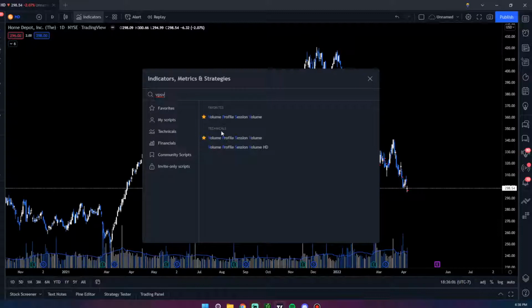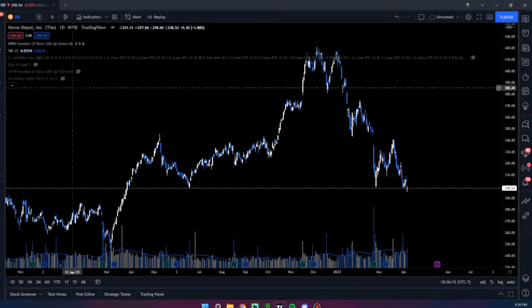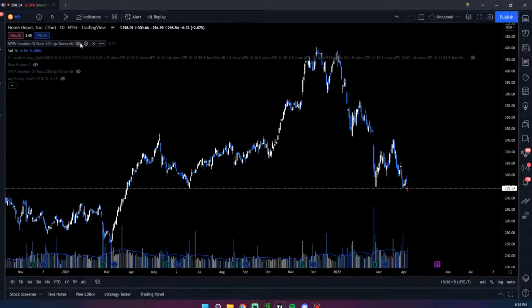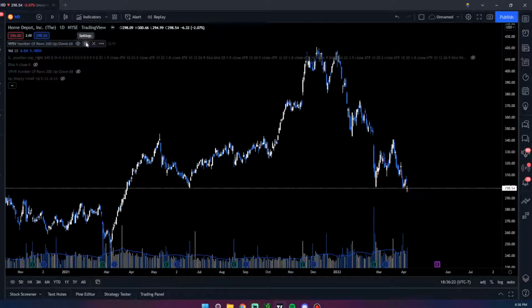Search for VPSV and use volume profile session volume, not the HD one, the regular one here. Okay. And then from there, your indicators show up here. This little eyeball shows whether they're being shown or not. So you can turn them on and off here. Also edit the settings here.